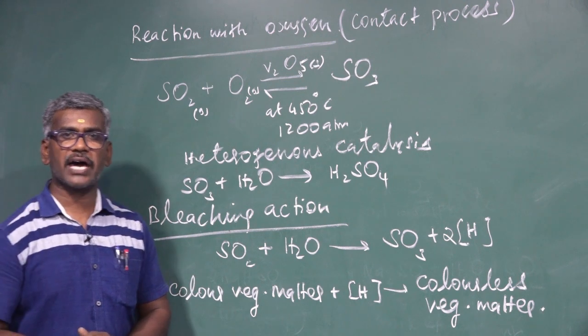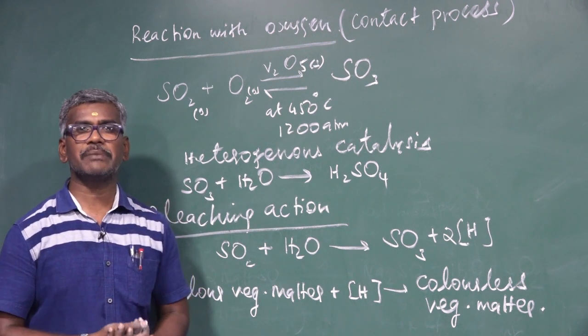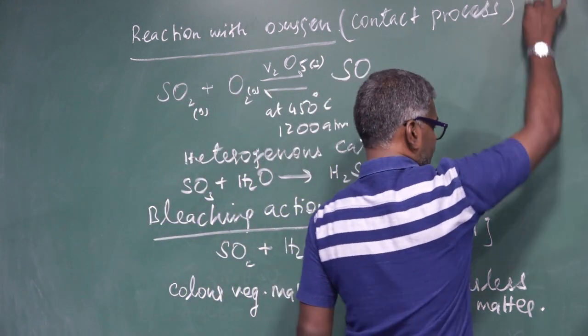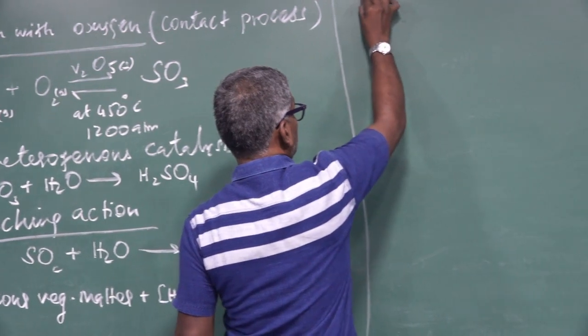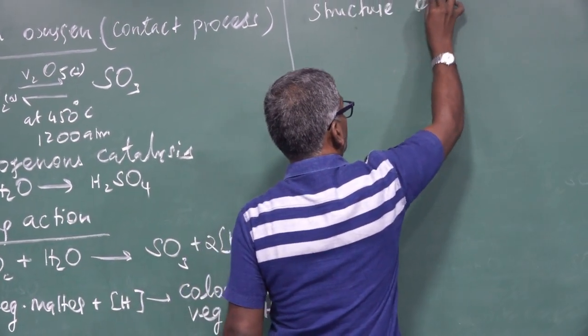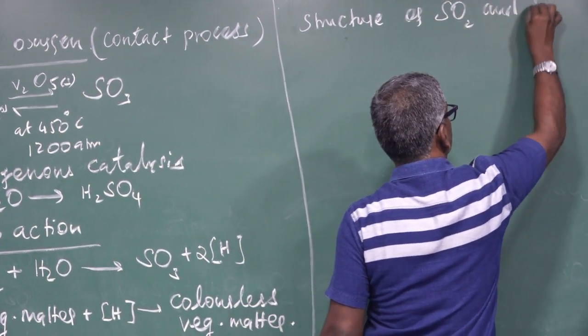This process is known as bleaching action. Bleaching of hair, silk, wool, straw: these are the important uses of SO2. Another one is the structure of SO2 and SO3.